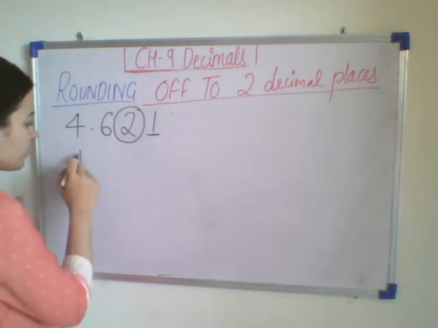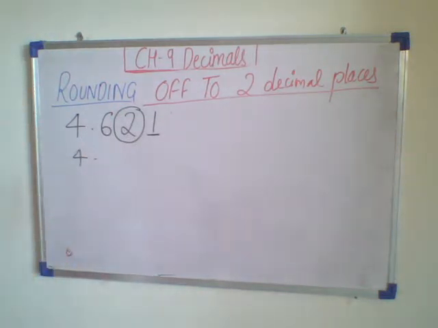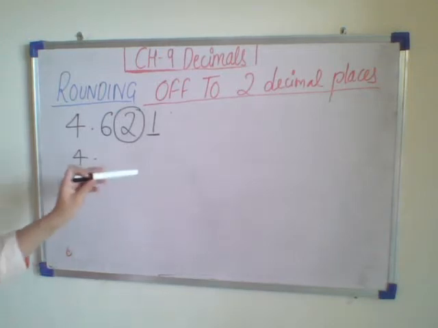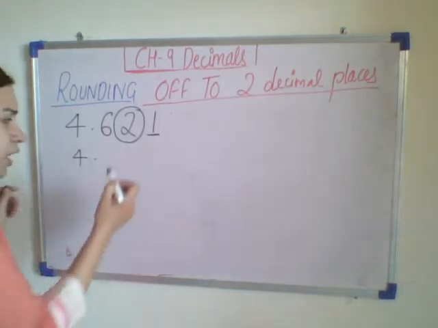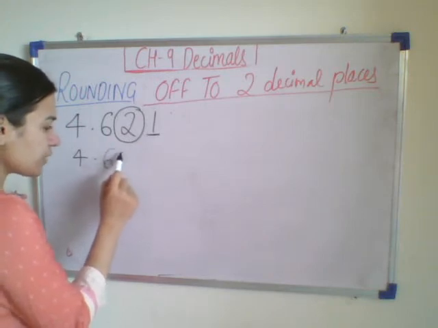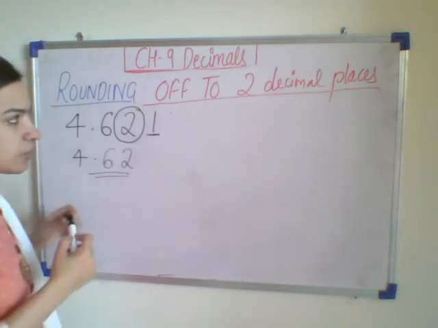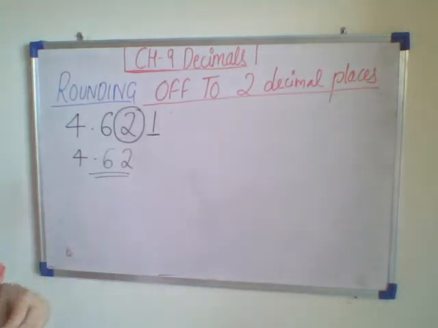So how do we round off this number? If that digit is less than 5, then let the rounding place digit remain as such. That is, it will remain 4.62. So 4.62 will be our final answer.